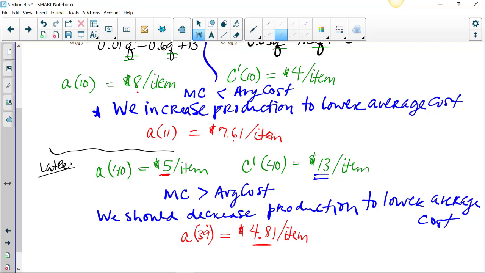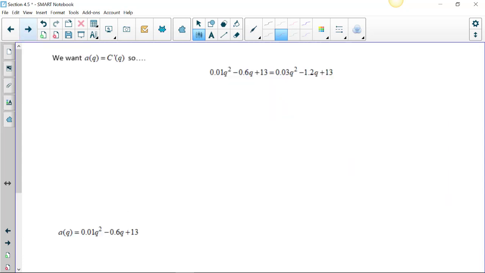So what are we interested in here? We're interested in when our marginal cost is equal to our average cost. That seems like it would be the ideal production level where we would have the lowest possible average cost, or cost per item.